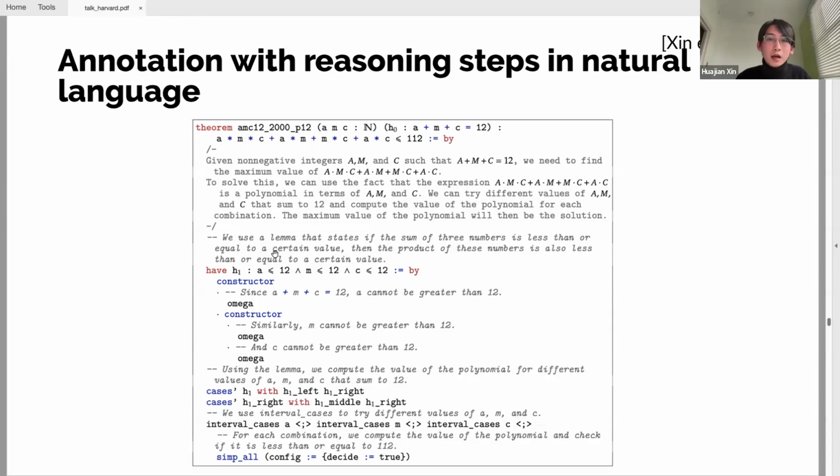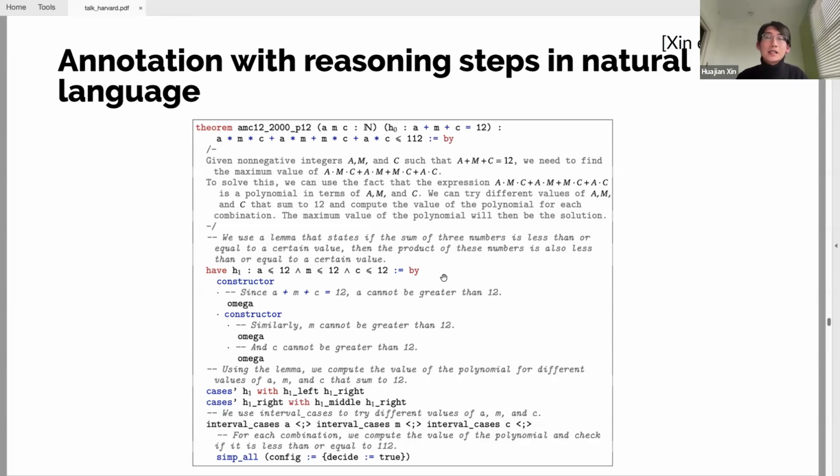And after we compile this kind of data set, we use this formal proof with corresponding natural language explanation to train our model. And we found that, and this case is indeed a real case that is generated by the final model, the DeepSeek-Prover version 1.5.